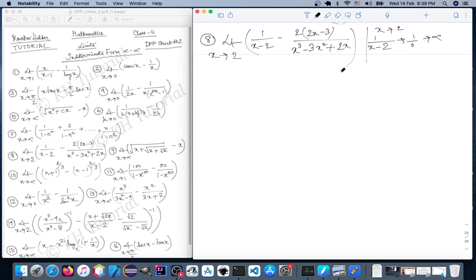So x minus 2 is also a factor of this x cube term. If we factorize the denominator of the second term, we get x minus 2, x plus, x minus 1.